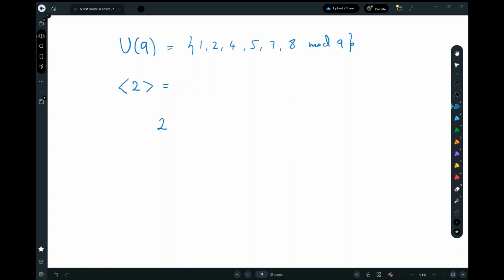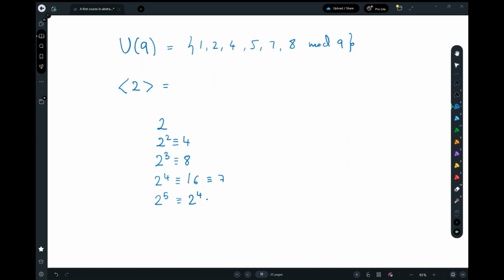So I have 2, then 2 squared is congruent to 4, 2 cubed is congruent to 8, and then 2 to the 4 will be 2 times 8, so it's 16, and 16 is 7.